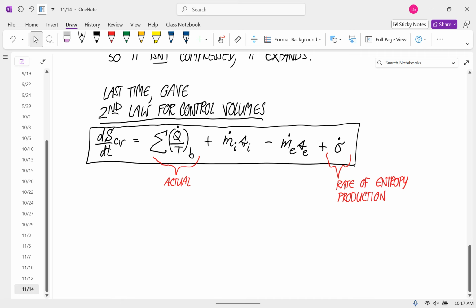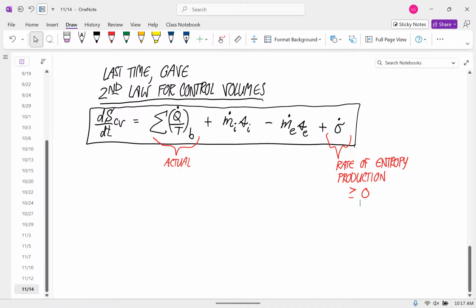And this thing has to be greater than or equal to 0. If it's equal to 0, that means that this process is internally reversible. If it's greater than 0, it means it's kind of everything that actually exists. If it's less than 0, it means that process is impossible. Okay? So sigma dot less than 0 violates the second law.